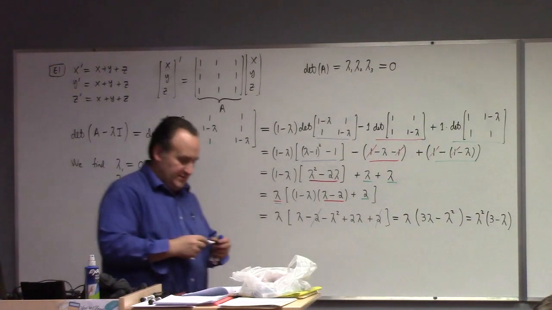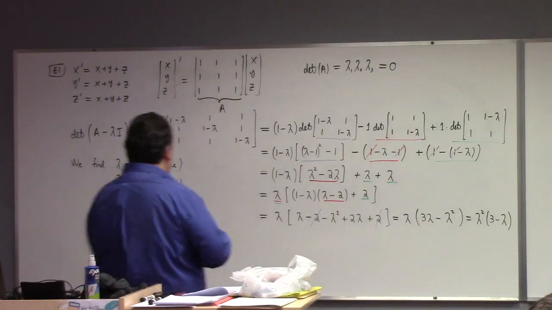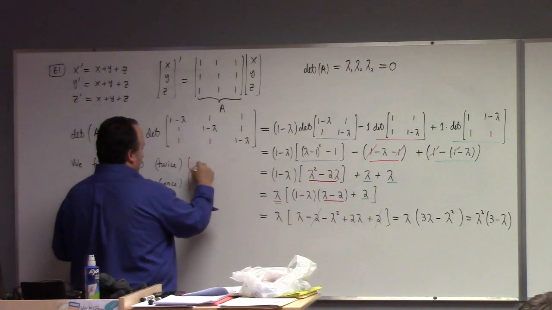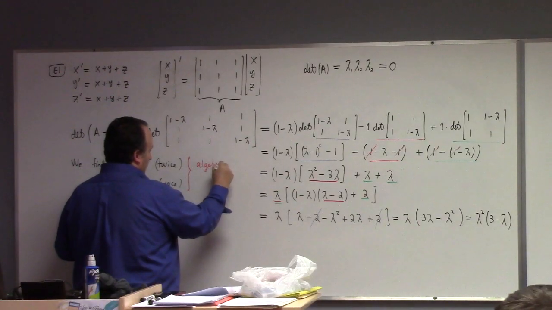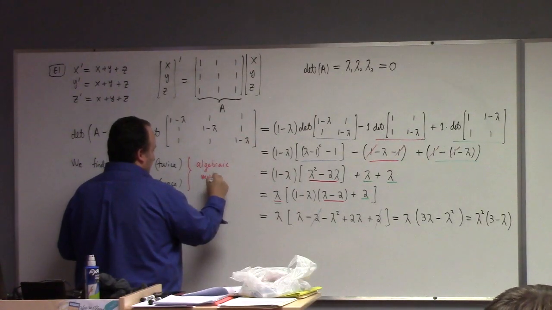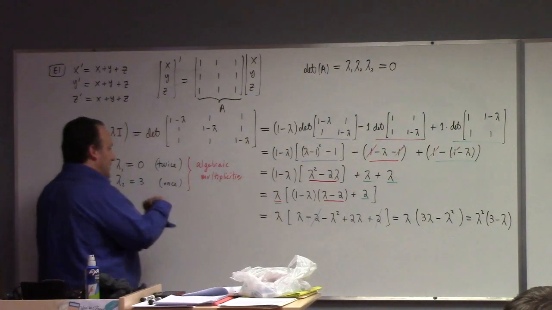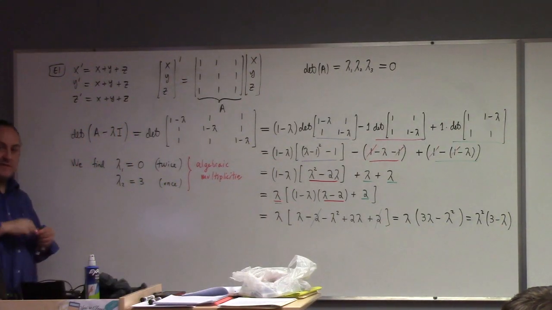This twice and once that I'm speaking of, these are the so-called algebraic multiplicities. That's the number of times that the eigenvalues appear in the characteristic equation.